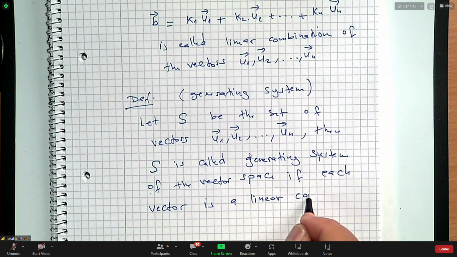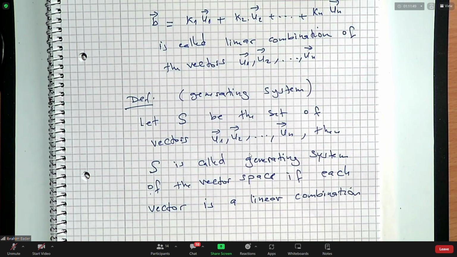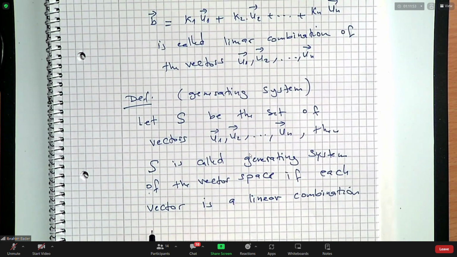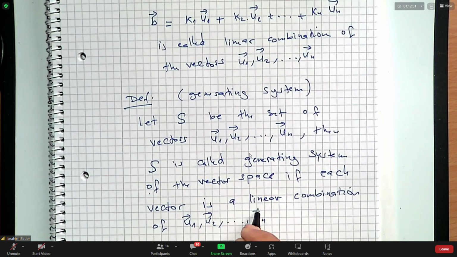I admit this is a little bit too abstract, but we will demonstrate some examples now.